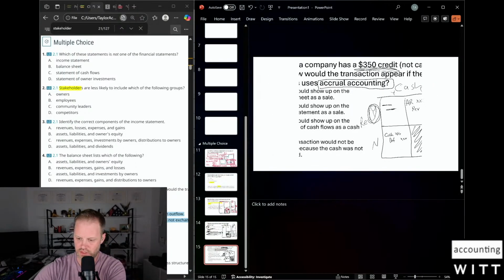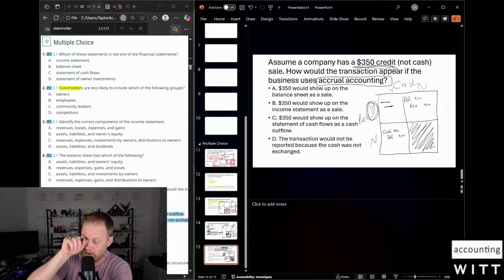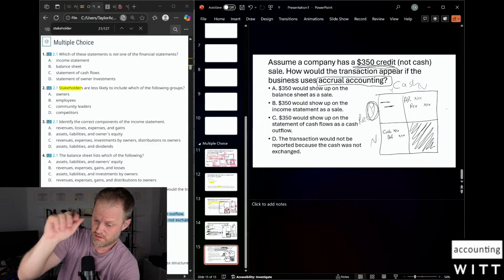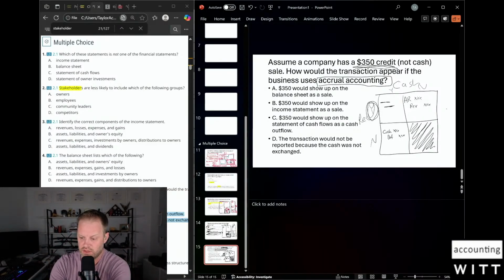All right. So if we know that graphic, then we can come here and say, okay, in accrual accounting, recognition, yes, cash, no. That means it's an accrual. Where do I have that?